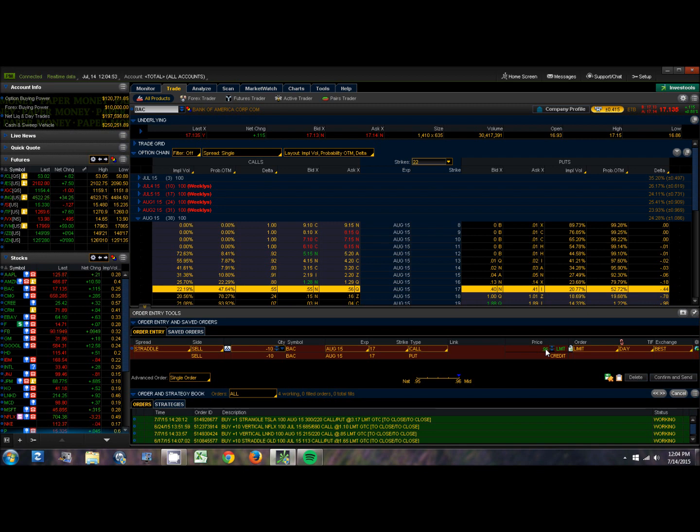You make money if the premium collapses, right? You make money if those premiums deflate and come down to zero very quickly. The problem with these August options is even if I'm right, and let's say Bank of America reports tomorrow and they go down a little bit, but they stay right around 17, these options are not going to lose a whole lot of value because there's still 38 days left until expiration in August. So I'm going to go back to July.